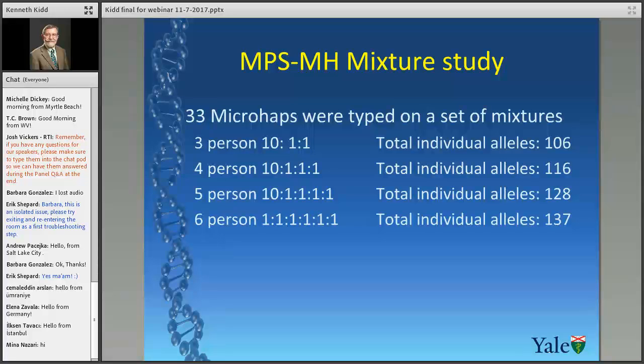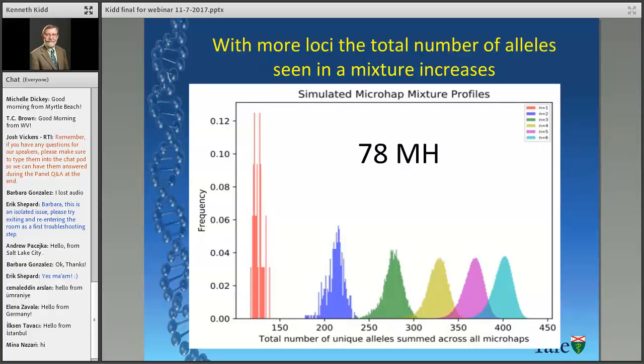But if we look at some real data, here are 3, 4, 5, and 6 locus mixtures, the total number of alleles actually identified goes up with the number of individuals in the mixture.